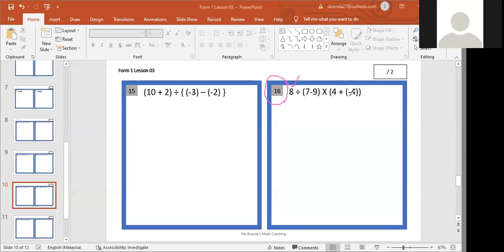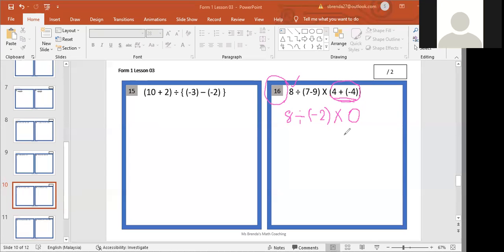So 4 plus negative 4 is inside one bracket here. Can you see this? So you do this first. All right. Never mind. You just write 8 divided by, what is 7 minus 9, guys? It's negative 2. Multiplied by 4 plus negative 4. What's your answer?